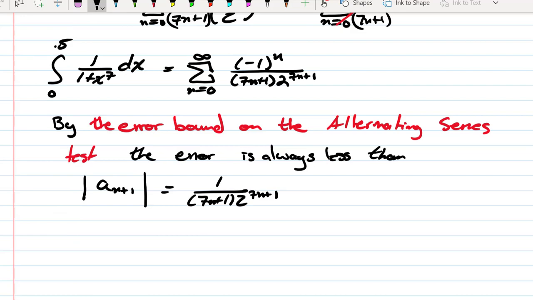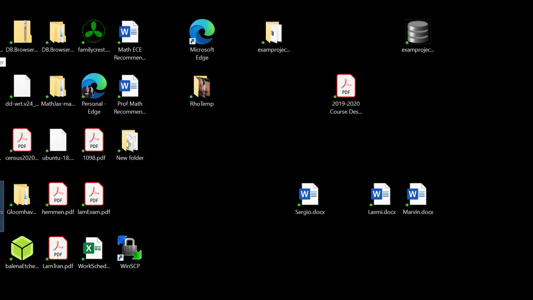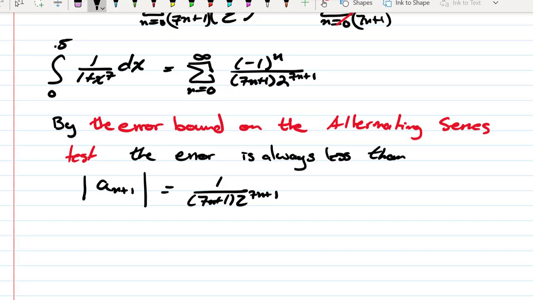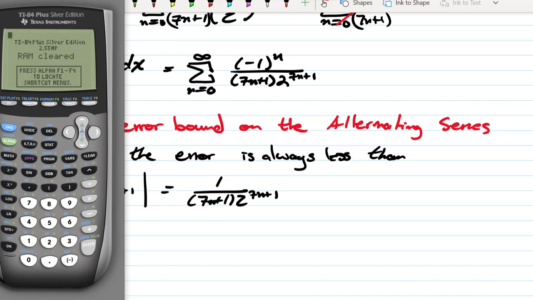And if we grab our calculator, and we put in 7x plus 1 times 2 to the 7x plus 1.